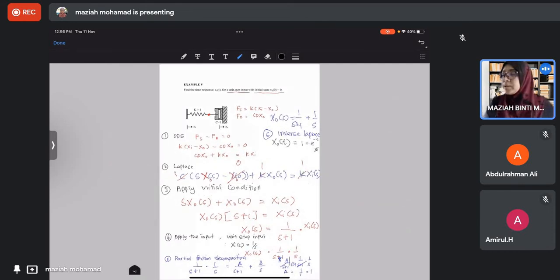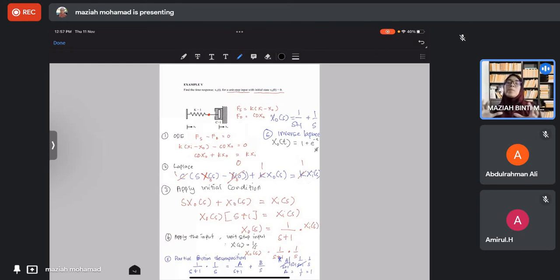All right, so we're going to stop here. We're going to continue next week with a few more examples in order to make sure you're familiar with all the steps and also with different functions that you can find in Laplace. Because in ODE and Laplace, there are many functions, damped, undamped, banyak jenis, kuasa 2, kuasa 3, semua-semua tu.